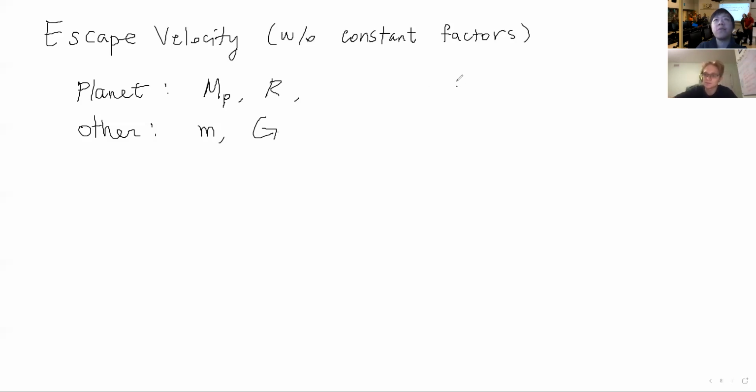Now let's try to figure out what the escape velocity is. So we have mass of the planet. What's the unit of the mass of the planet? Yep, kilograms. It's 5.97 times 10 to the 24.